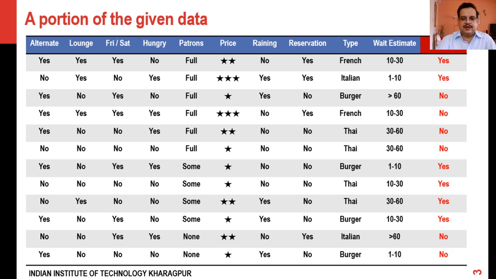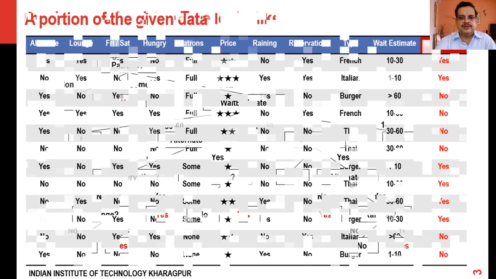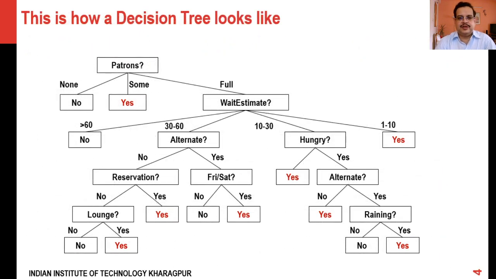Now, given this data, we would like to come up with a decision tree which looks something like this. So you are first examining patrons, and you are saying that, well, if there are no patrons, that is the restaurant is empty and they don't give you a seat immediately, you will not wait. So there the answer is a definite no. If you find that there are some patrons, that is some people are in the restaurant, then you will wait.